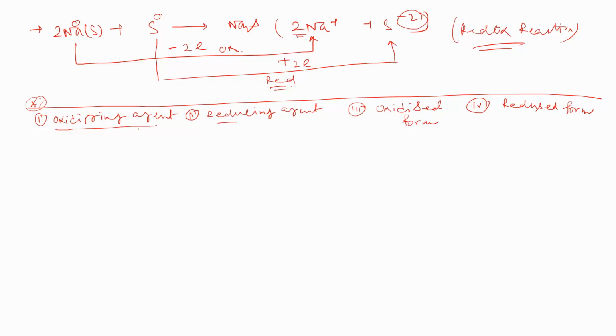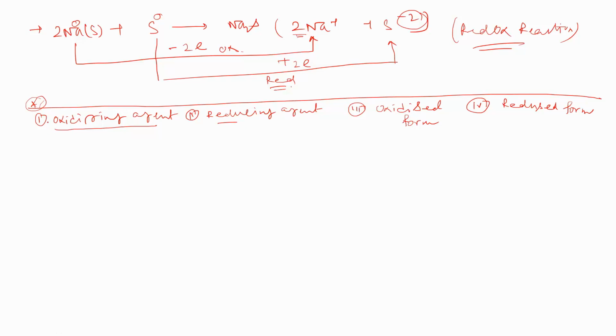When that is easy for you, then automatically you can say what it will be for the reducing agent. I will tell you some tricks and a graphical representation to remember the oxidizing agent and the reducing agent.